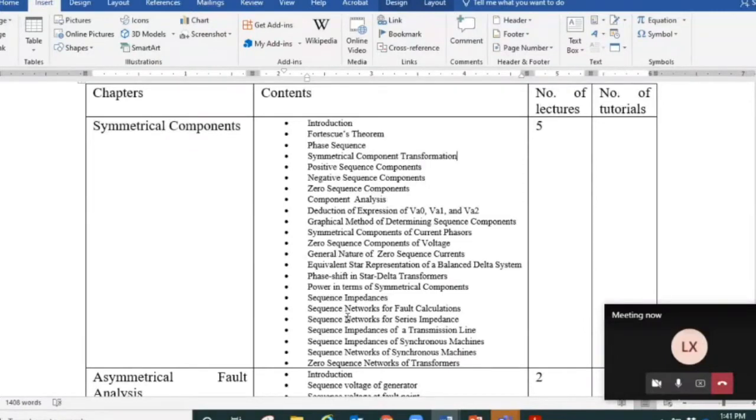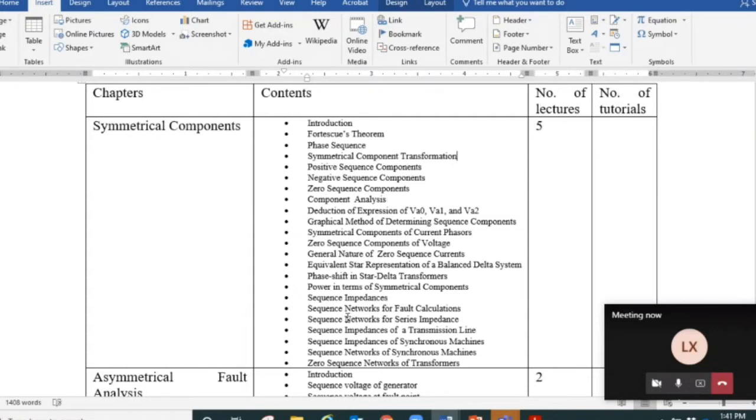It will be positive sequence voltage, negative sequence voltage, zero sequence voltage, positive sequence impedance, negative sequence impedance, and zero sequence impedance. So it's not going to be just current or voltage or impedance. It has now three different names, and they are different for some reason.